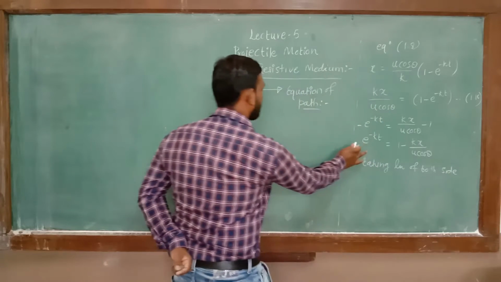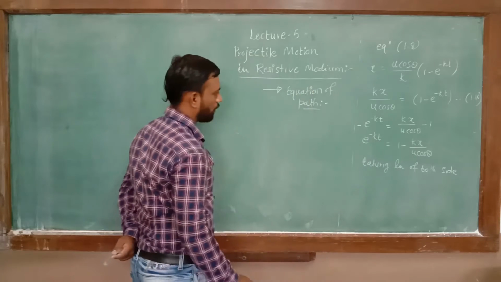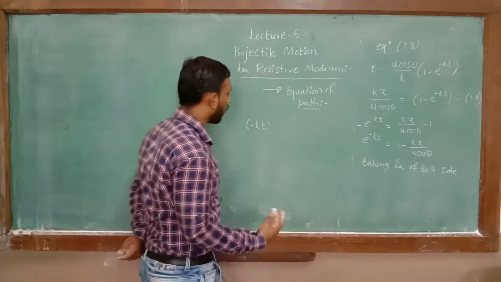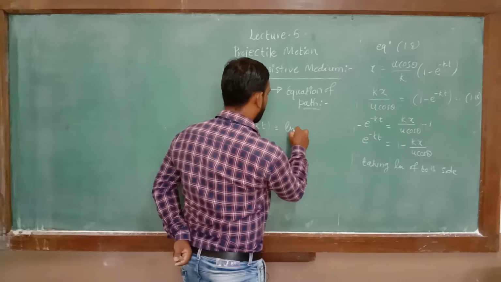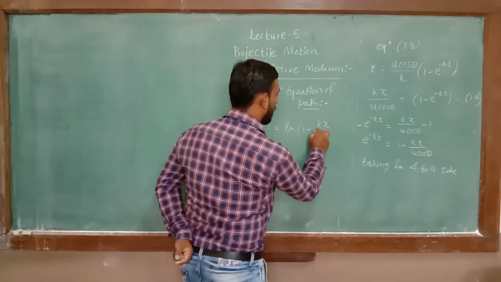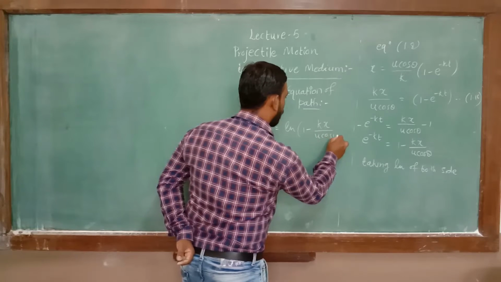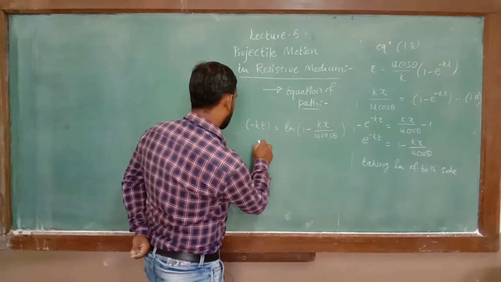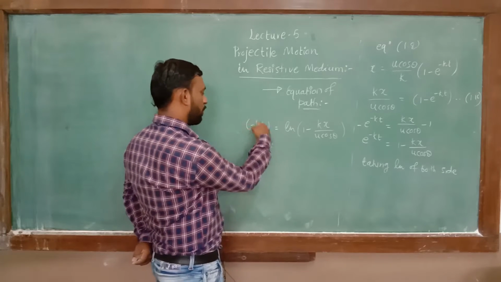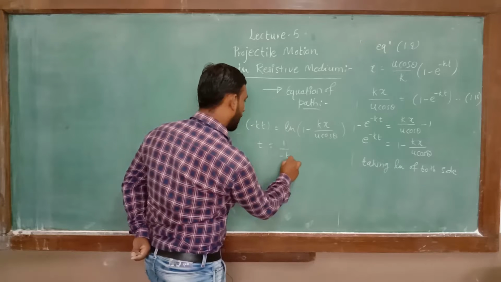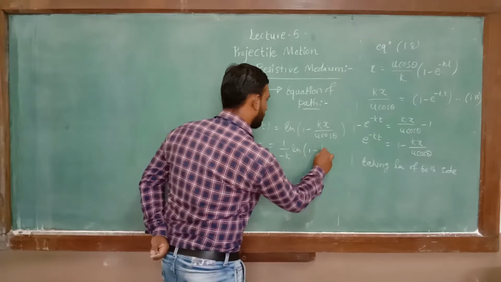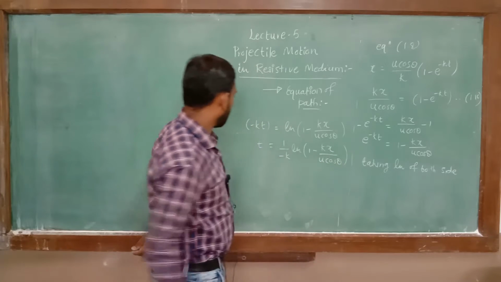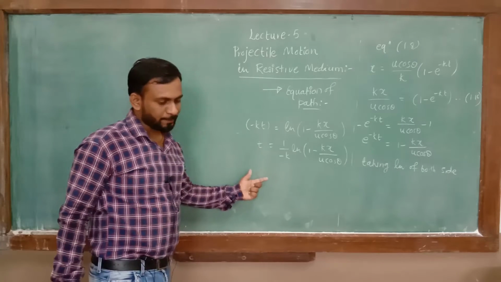If you take ln of e^(-kt), the result is minus kt, because we know ln of e is 1. That is equal to ln(1 - kx / (u cos θ)). Then, with some mathematics, I move this minus k to this side, so I get minus 1/k and the remaining term as it is, ln(1 - kx / (u cos θ)). So this is the form of the equation.